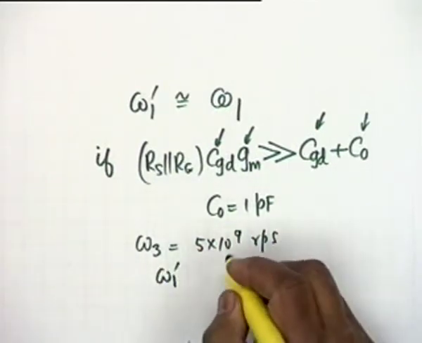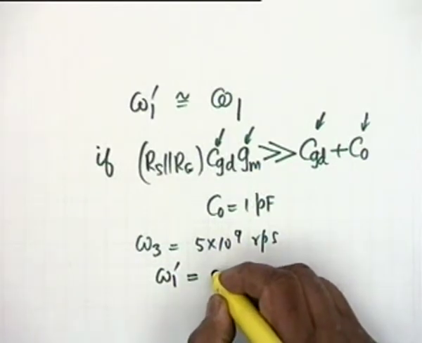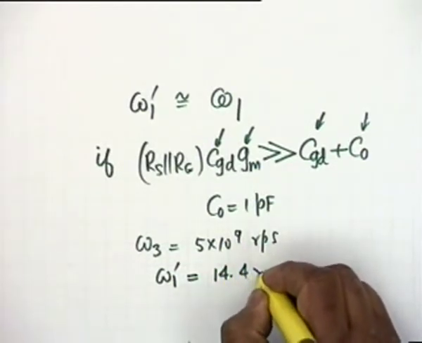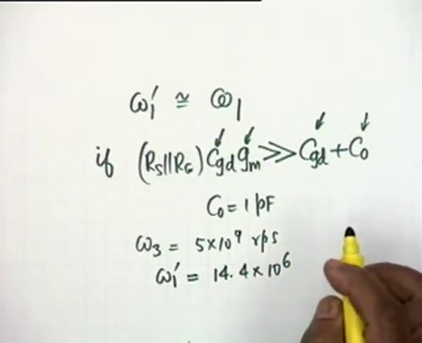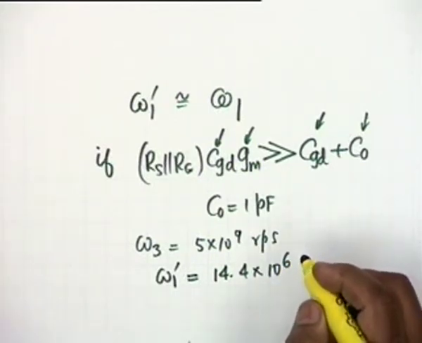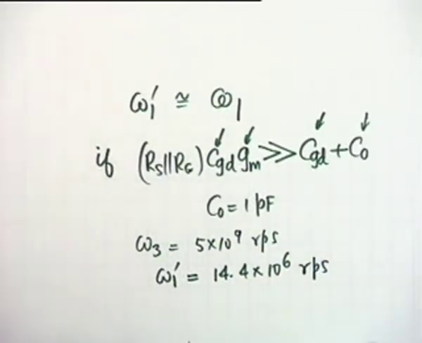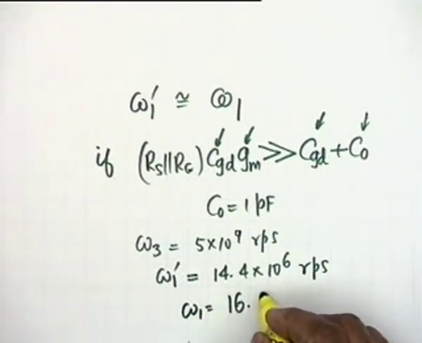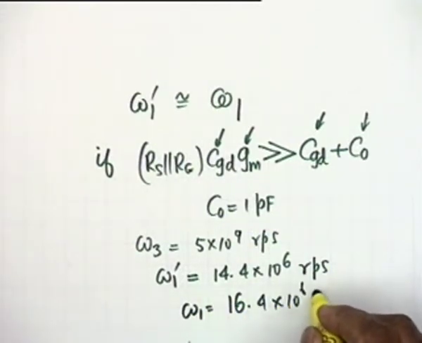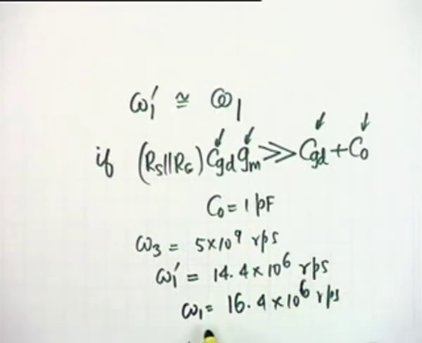Omega 1 prime calculates out to 14.4 times 10 to the 6 radians per second. What was omega 1? 16.4 times 10 to the 6. So it's not too bad. Ignoring the second term, instead of 14.4 we get 16.4. That's not too bad.